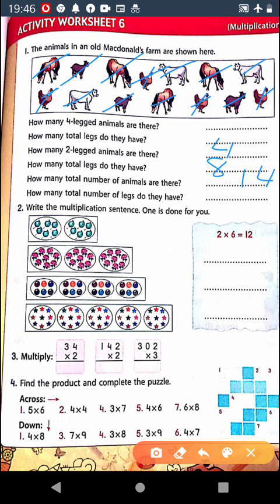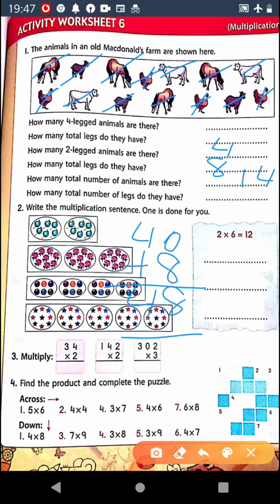We have 14 animals. Now how many total legs do they have? Now we had calculated the total number of legs for four-legged animals. They were 40, and total number of legs for two-legged animals 8. So total legs would be 40 plus 8, that is 48.